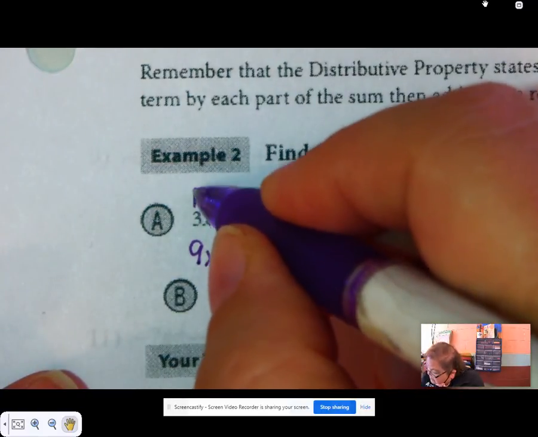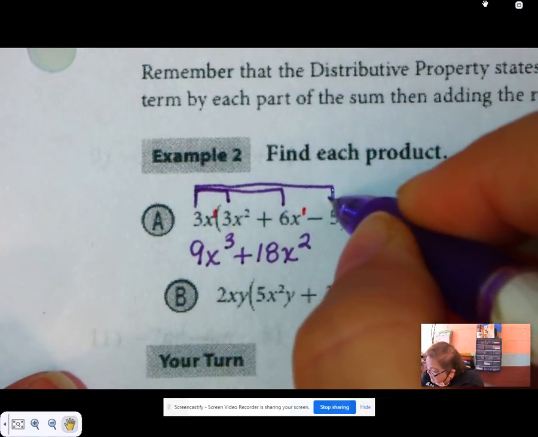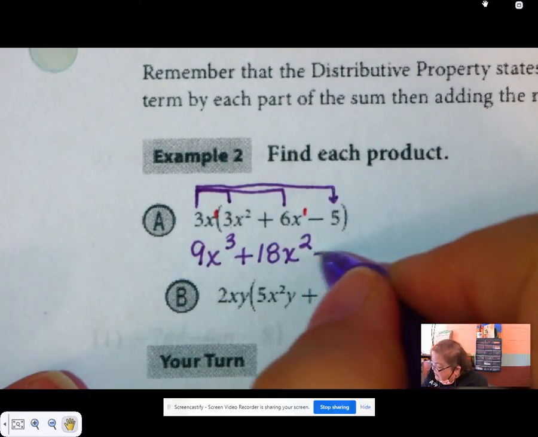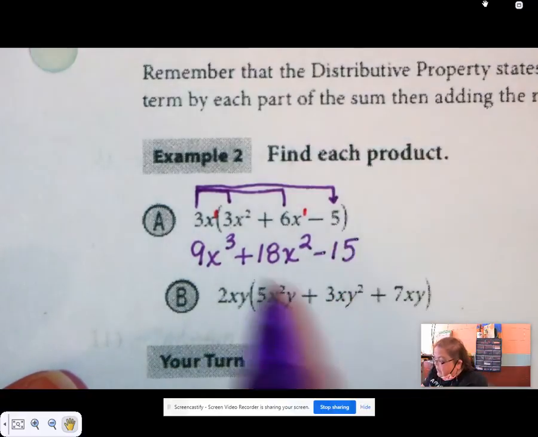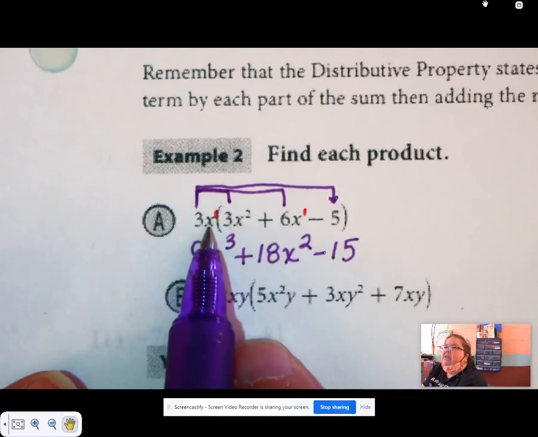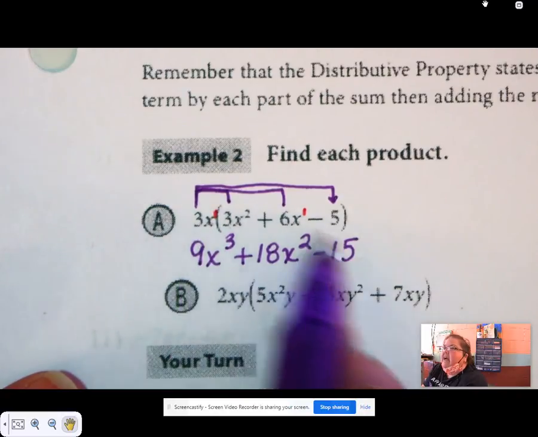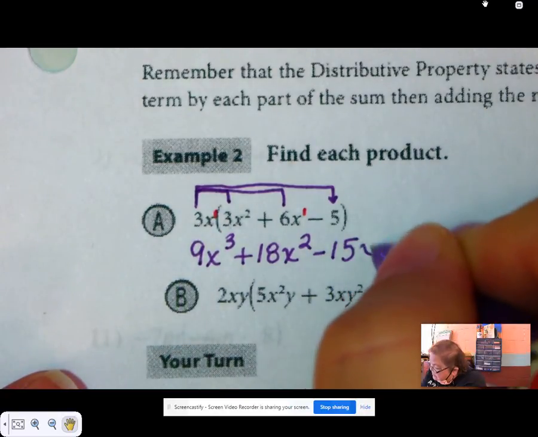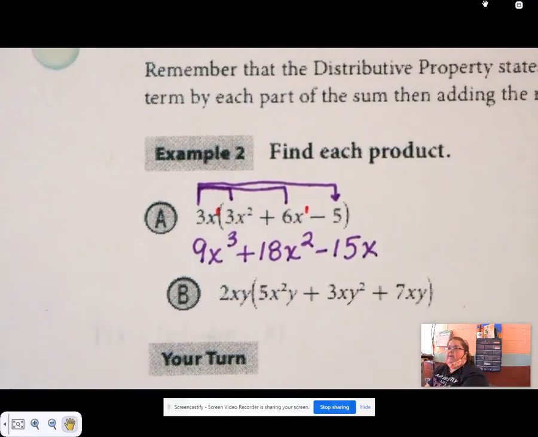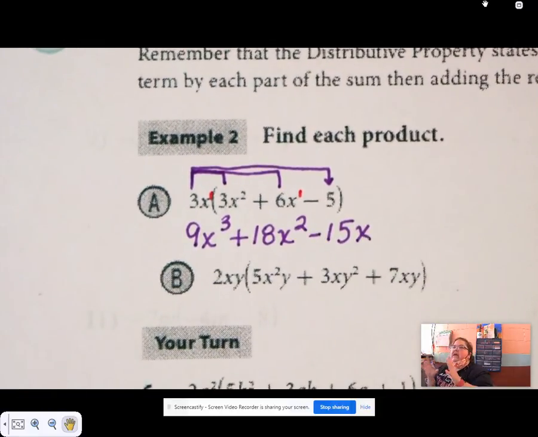Now I'm going to multiply 3 times negative 5 and get negative 15. Keep the x. If I started with an x, I got to keep it. You got to put it in the answer. Okay? It doesn't have an exponent to add with, so we just bring it down. Okay? Questions?